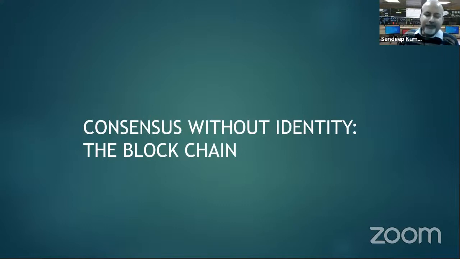If I have a lot of money, I will create 20,000 nodes, and somebody who has only one node will not be able to compete with me, because my 20,000 nodes will try to make the next block and he's alone. This is called a Sybil attack: the same person creating multiple identities.